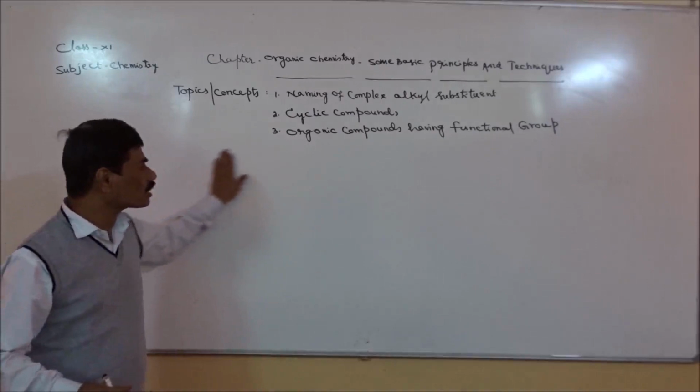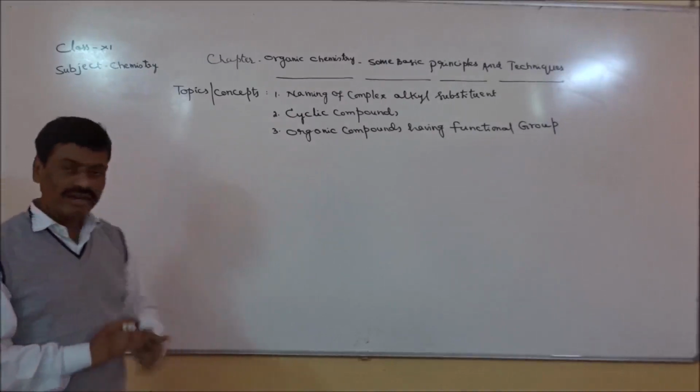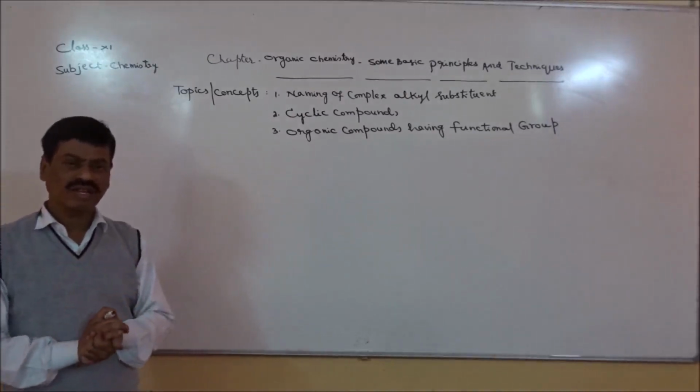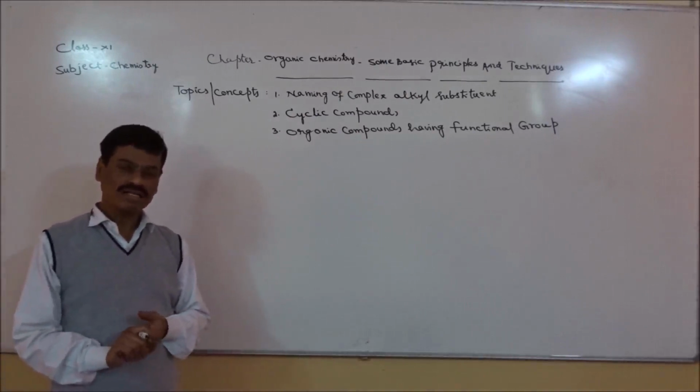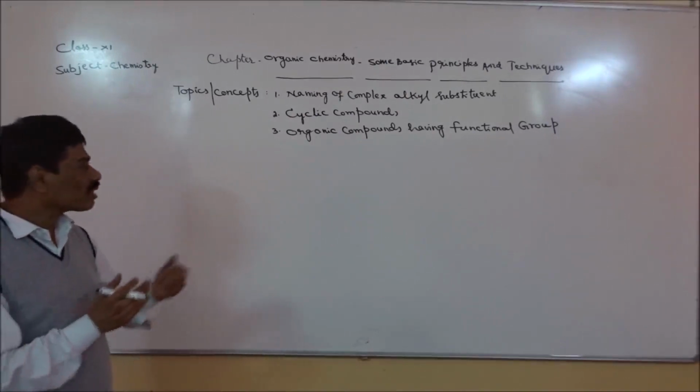Functional group means active part. And alkyl radical, it is the hydrocarbon part, right? It can be a long chain.